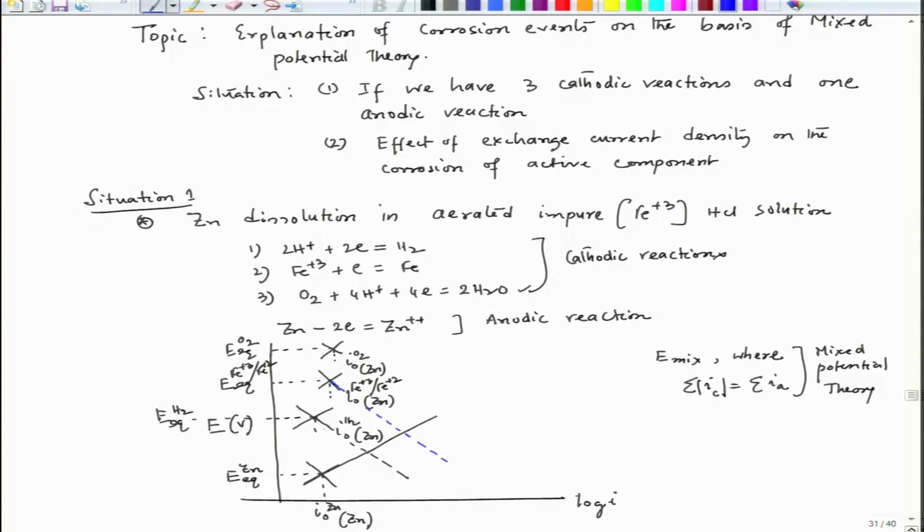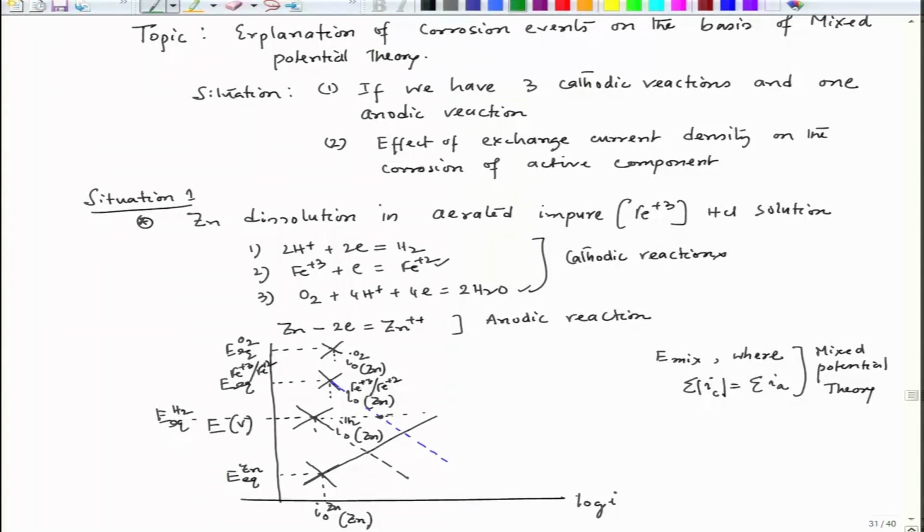but at this particular voltage, this Fe plus 3 reaction is polarizing towards the cathodic side. So, at this point it will experience another cathodic reaction, which is the hydrogen evolution reaction. So, we have to add it.